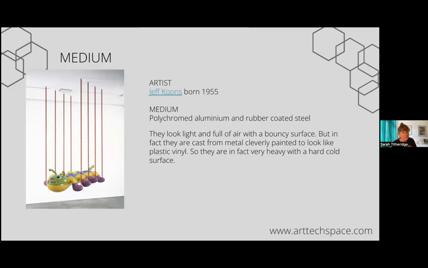They are incredibly heavy, and they have a cold, hard surface. So instantly, because we know what the medium is, which is polychromed aluminum and rubber coated steel, we can already surmise that it's going to be pretty heavy, and that we're going to potentially need quite a few people to be able to handle that and move it.